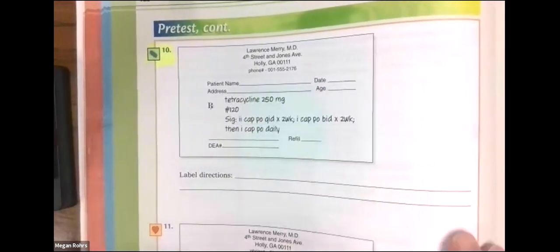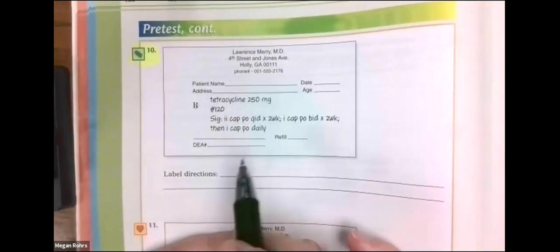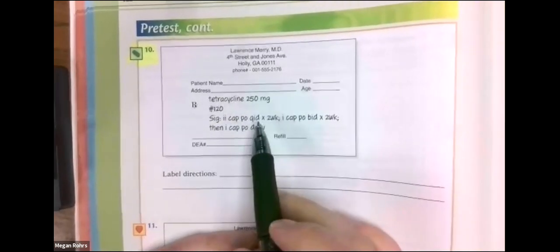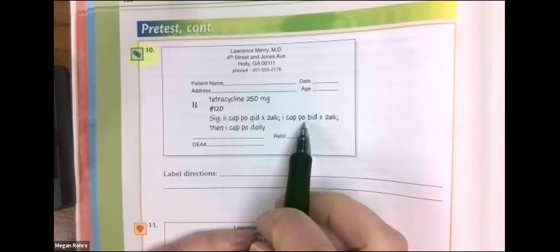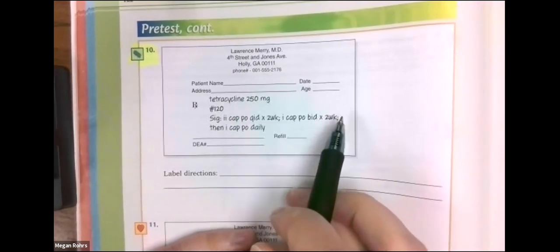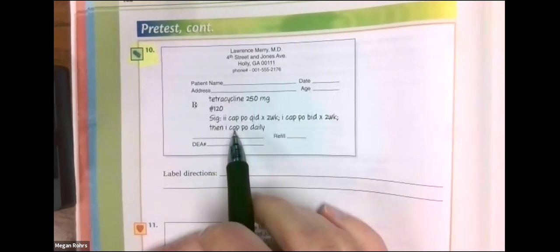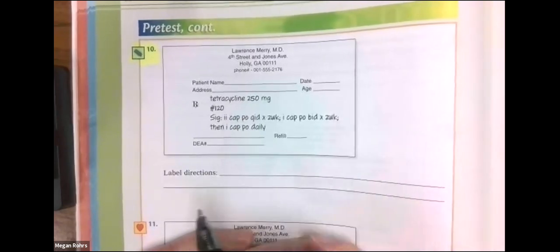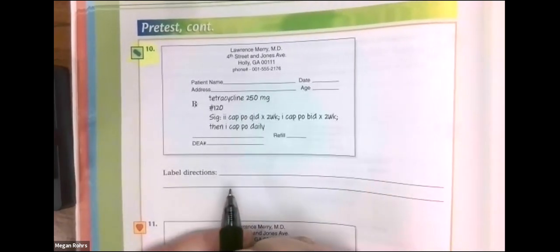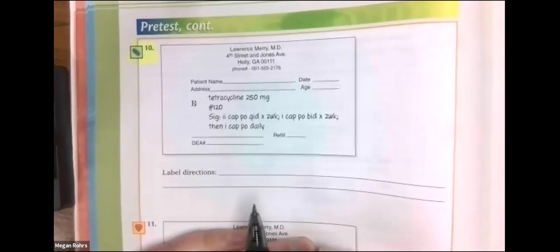Sorry about that. My Zoom was glitching out here. Okay, so we have 2 capsules by mouth 4 times a day for 2 weeks, and then 1 capsule by mouth 2 times a day for 2 weeks, then 1 capsule by mouth daily. So once again, we're just going to write those directions out as we would for the patient on their bottle.